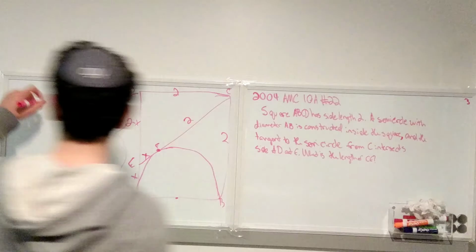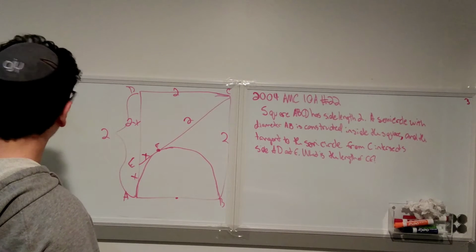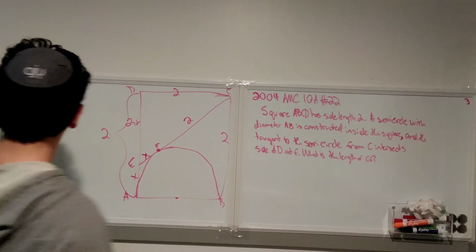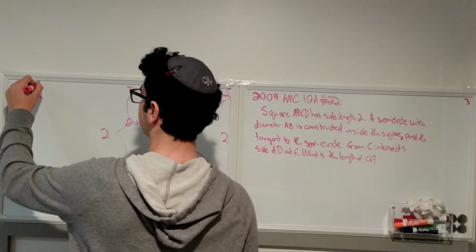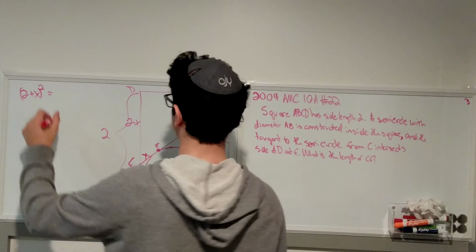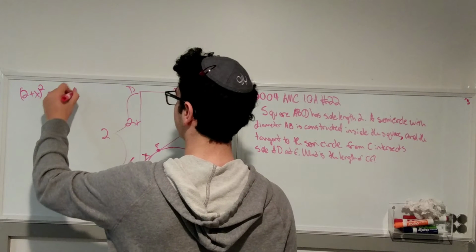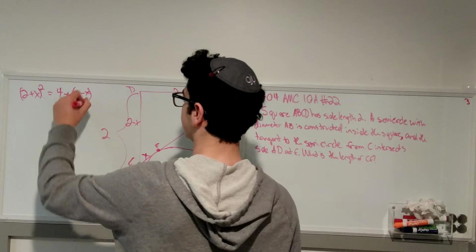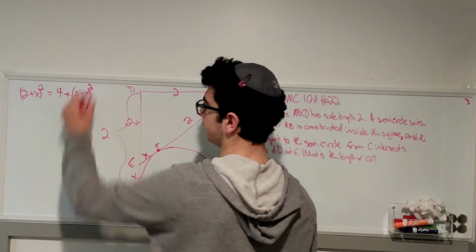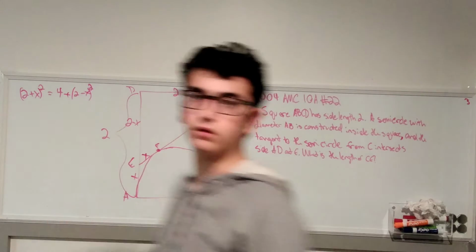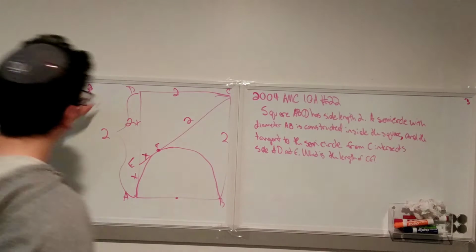I could say 2 plus X quantity squared is equal to 4, which is 2 squared, plus 2 minus X quantity squared. I'm going to just quickly go over what all of these are equal to.